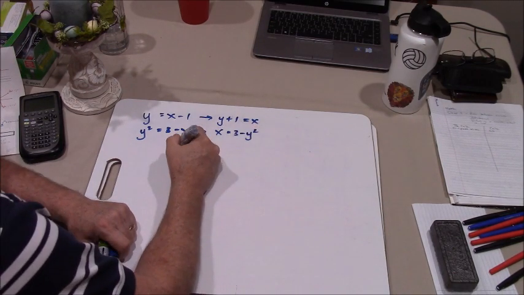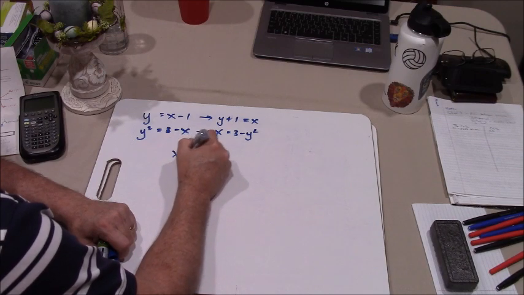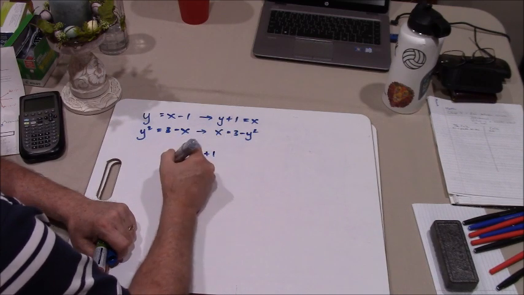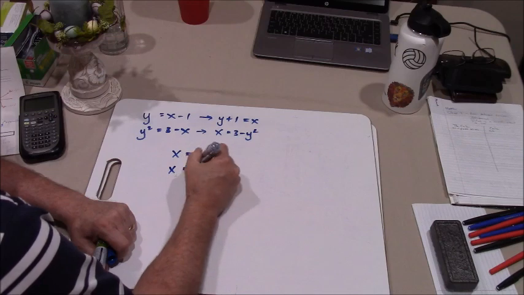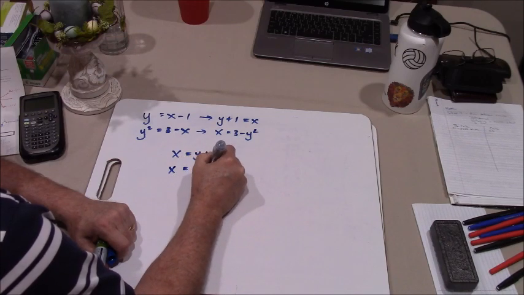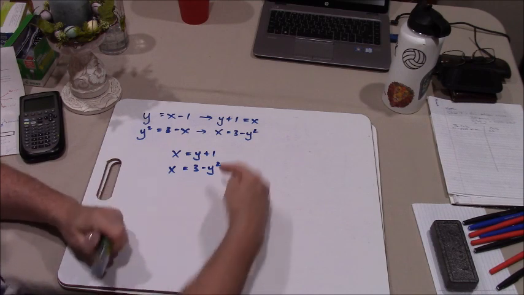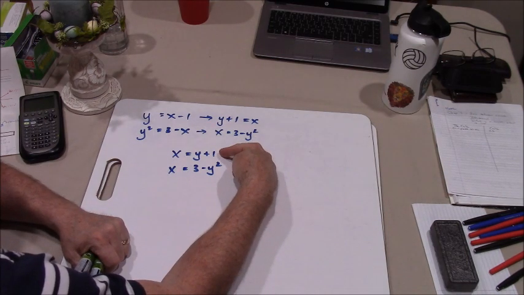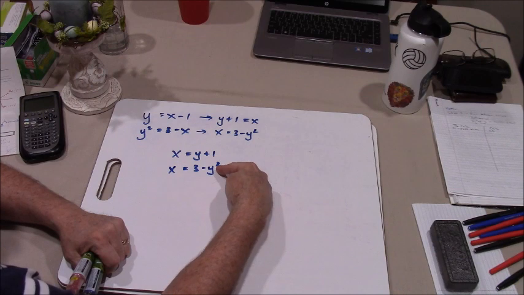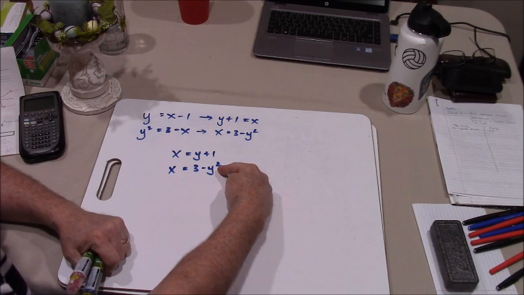And so now what we're going to do is we're going to say our two equations are going to be x equals y plus 1 and x equals 3 minus y squared. So when I look at this, I think, well, that's just a straight line. I look at this, I think that's a parabola, but it's a sideways parabola.